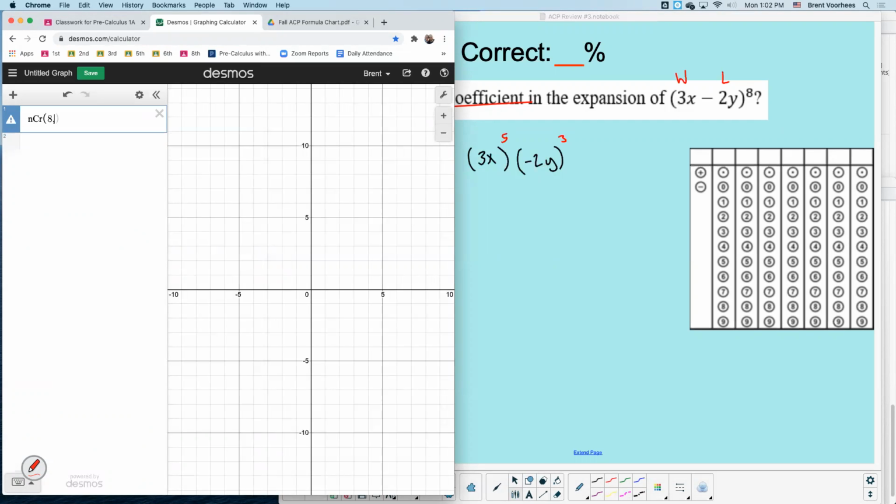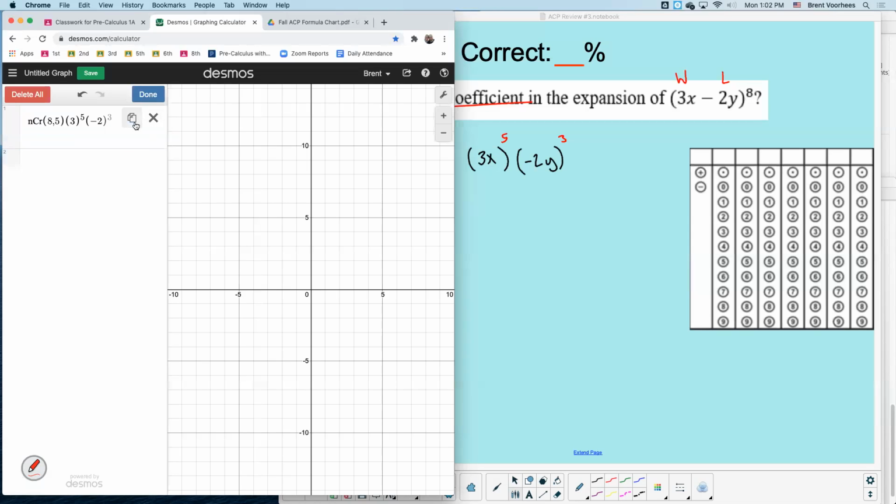It was 8th power originally, and we're going to find an r of 5, which again, you could use 3, it won't change your problem. And I will not say 3x, I'm just going to say 3 to the power of that 5 times negative 2 to the power of 3.